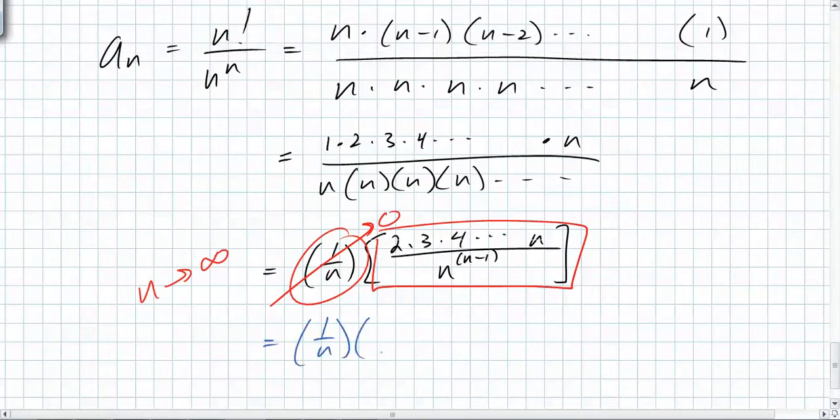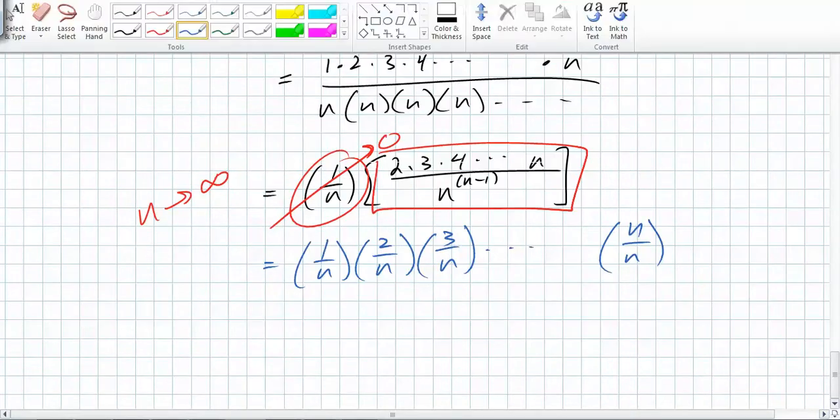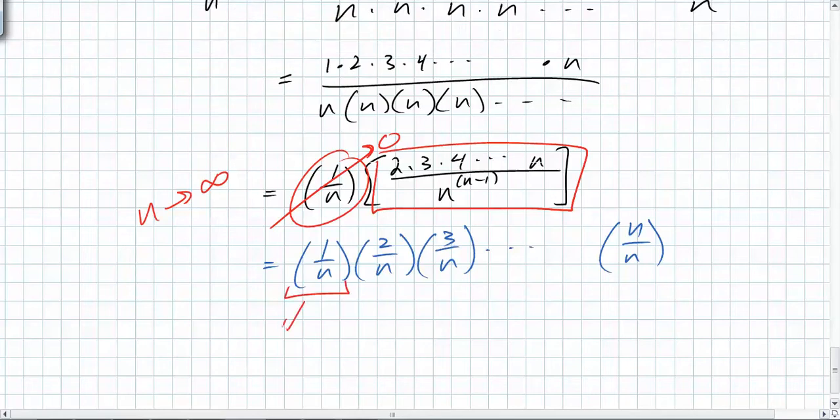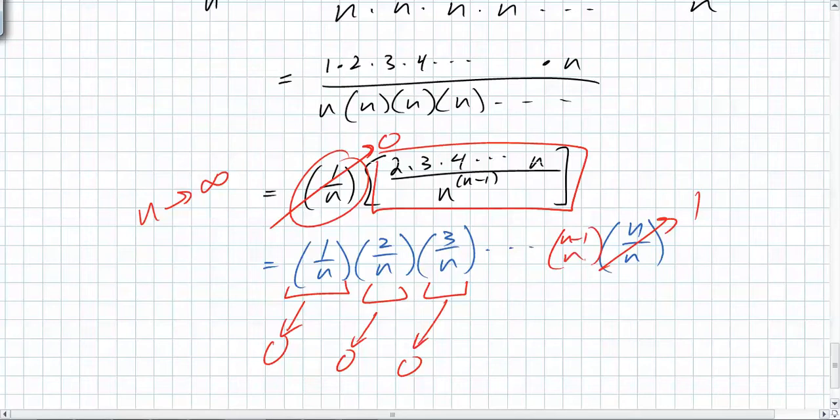So we also have 1 over n times 2 over n times 3 over n all the way to n over n, right? So all of these, what is this one going to? 0. What's this one going to? 0. What's this one going to? 0. This one's going to 1, but this one is n minus 1 over n. Does it go to 0?